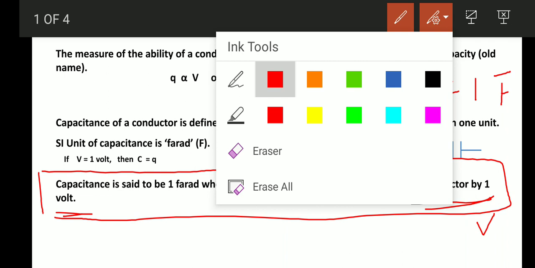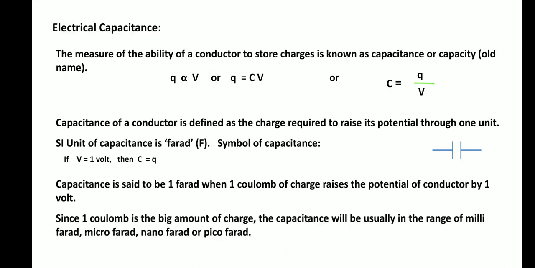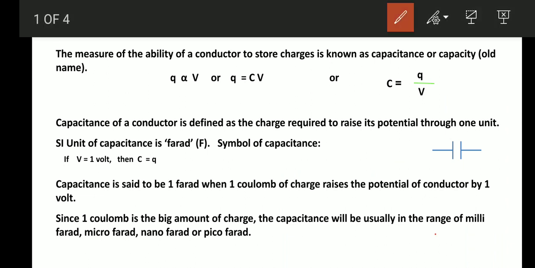Since 1 coulomb is a big amount of charge, the capacitance will usually be in the range of millifarad, microfarad and nanofarad. That is what I told you previously. The practical unit for capacitor will be millifarad, microfarad, nanofarad.